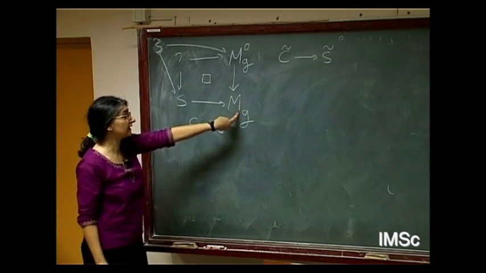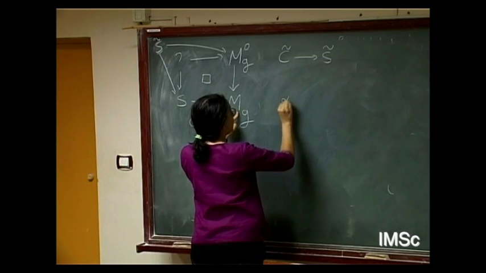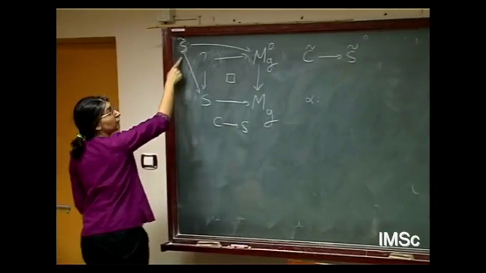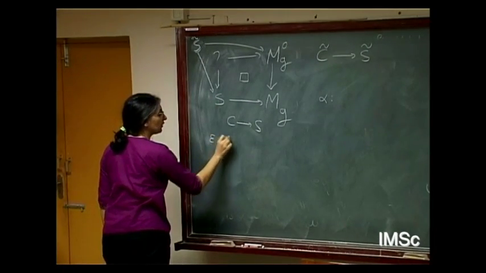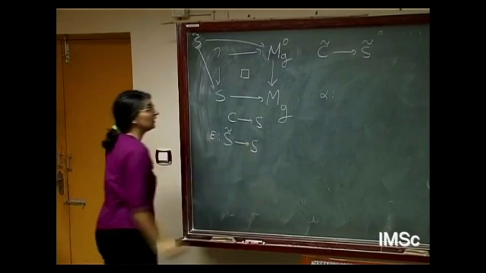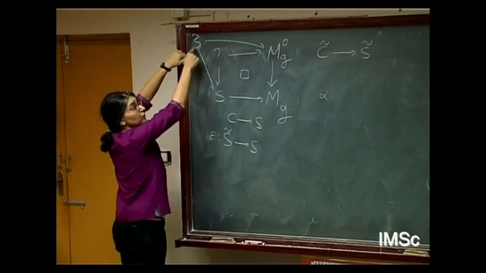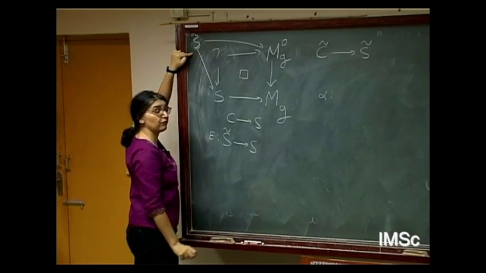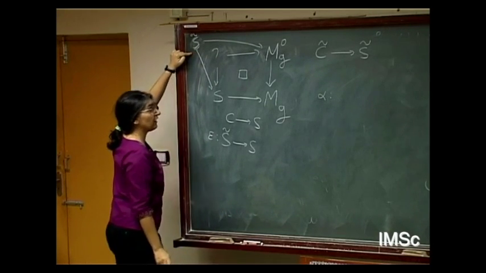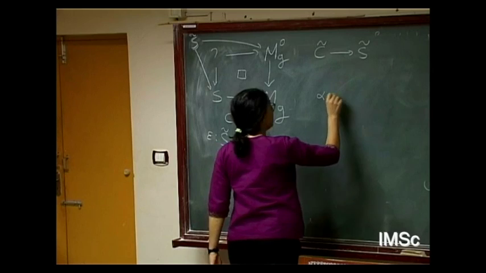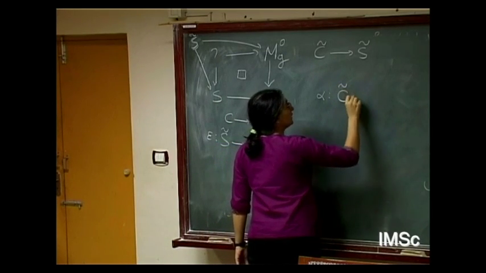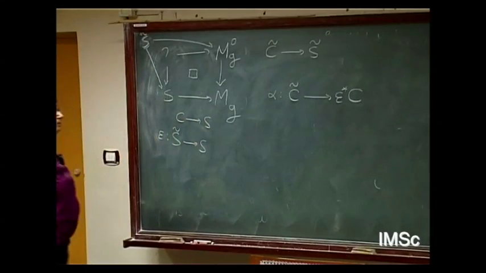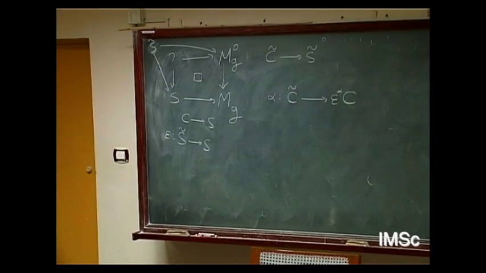So fiber product means that I am given an isomorphism alpha, and then I have a map from S twiddle to S. Let me call it epsilon. So what I want is to pull back from here and pull back from here and have an isomorphism of the induced thing. So I have to have an isomorphism from C twiddle to the epsilon pullback of C. So what does this mean?